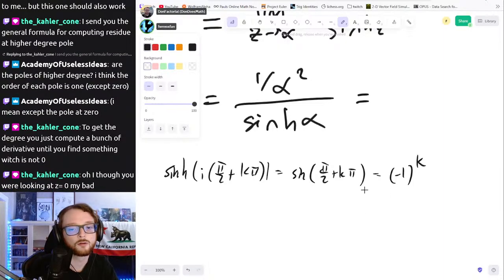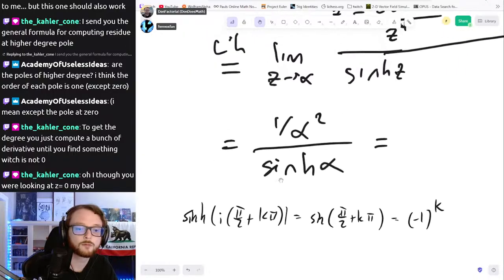And k is an integer? Yeah. So it is plus or minus 1. Okay, so -1 to the k. Yes. And then we have to take the whole alpha and square it. So that gives us a -1.